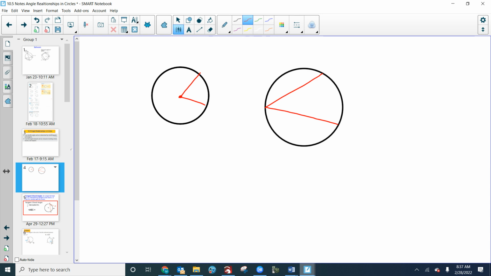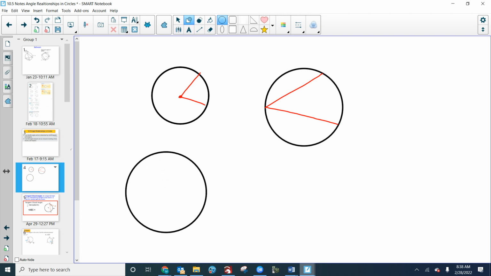Now today, we're going to learn a couple of new types. If we had one at the center and one on the circle, we could have an angle that's inside but not at the center and not on it, and we could have an angle that's outside the circle altogether.